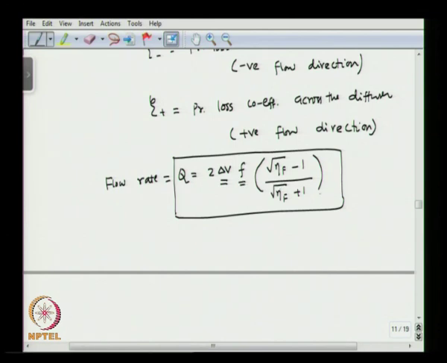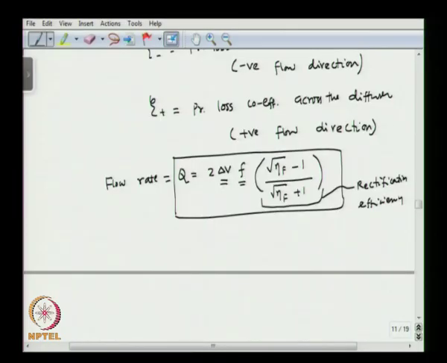Now, this parameter here is known as the rectification efficiency. For a pair of nozzle and diffuser, if the rectification efficiency is higher, meaning the difference between the pressure drop that happens for a nozzle and diffuser is more, then we would get a larger flow rate.